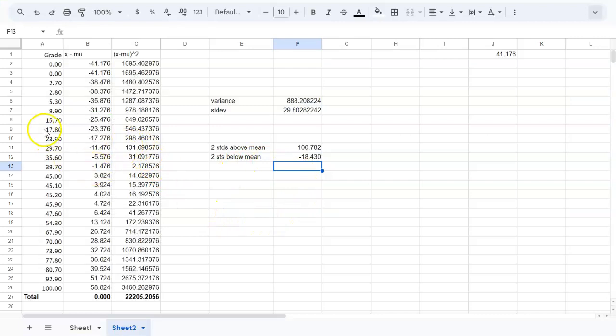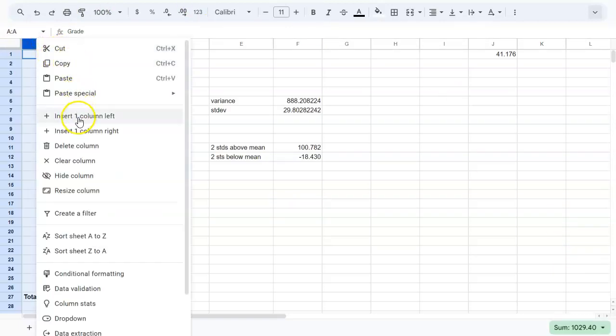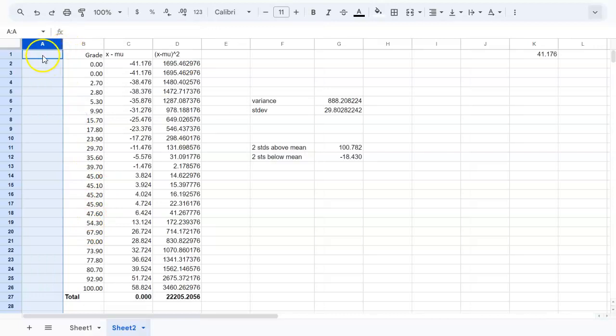So let's say you are this person, your average in the class is 47.6. So you want to know how far you are from the mean. So I'm going to make a new column over here, the z-score. And usually you're just going to do this for one data point.